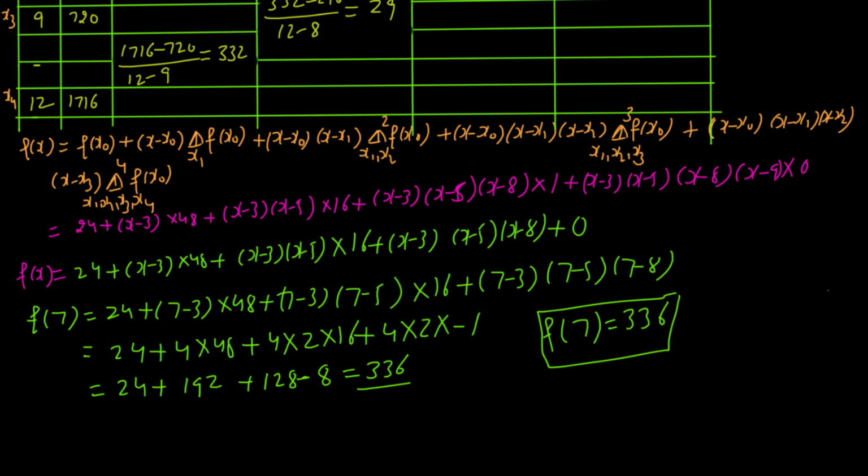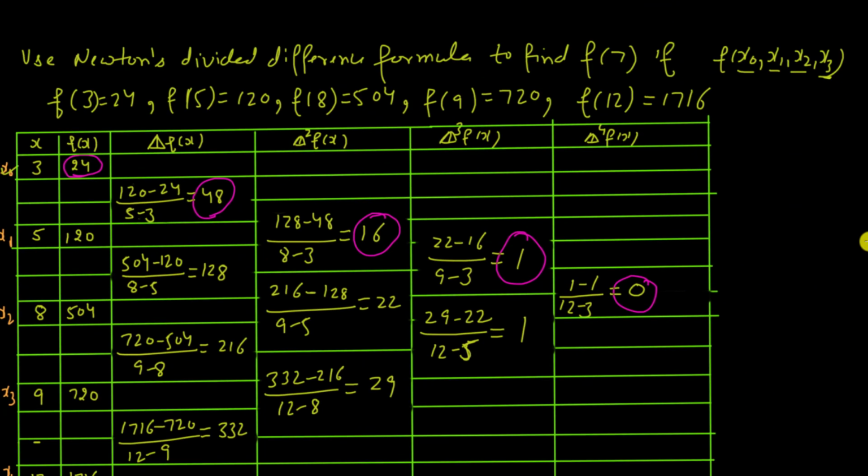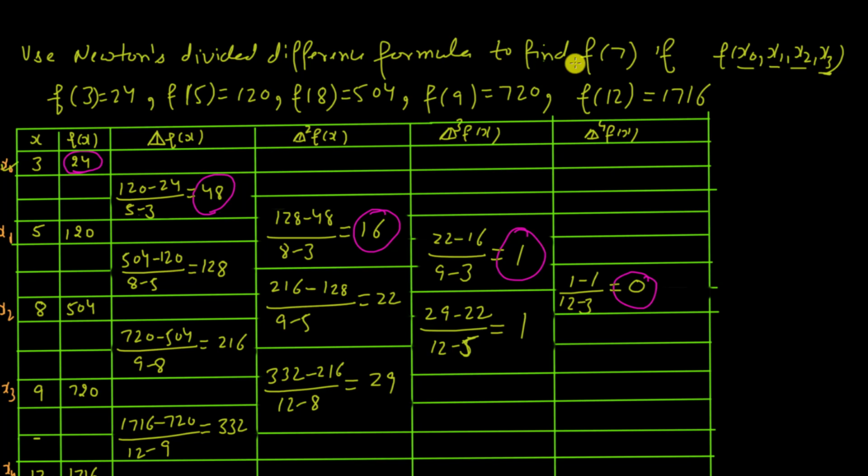So in this question we were required to find the value of f7, and the value is 336. If in this same question it is asked to find the polynomial f of x, then how will you do it?